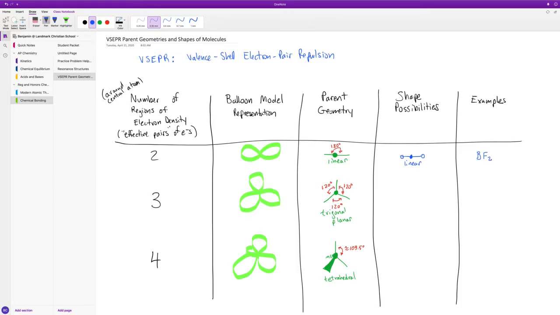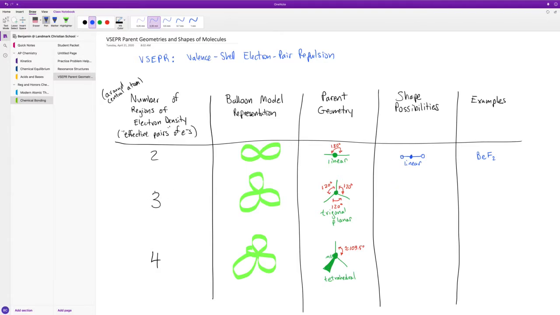Boron difluoride, and I'm sorry, beryllium difluoride, not boron. Beryllium sometimes doesn't follow the octet rule. And so I'm going to draw this structure in a minute, and we'll see how it becomes a linear molecule because of VSEPR.